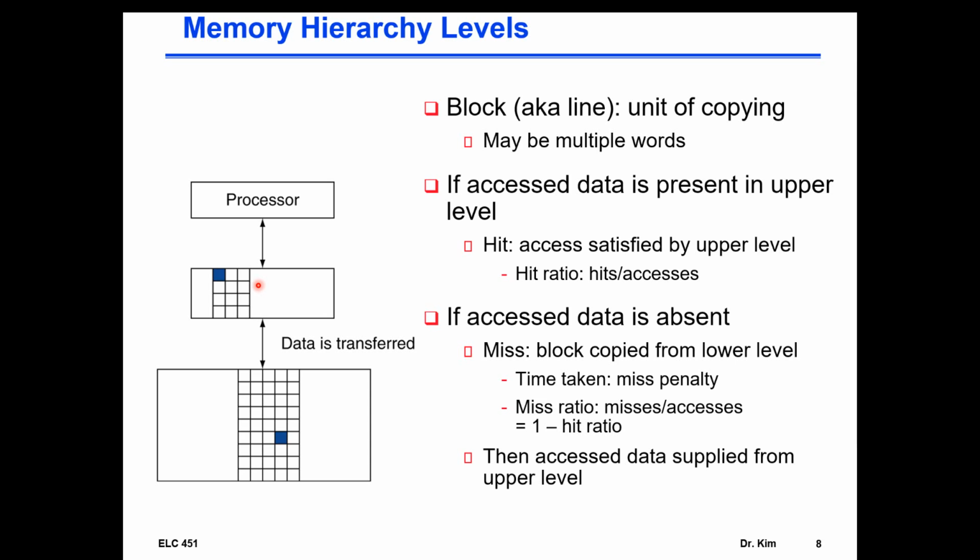And because of that, if the processor is looking for something, it may not be in this copy. So that would be a miss. If it finds it, it's a hit. If it doesn't find it, it's a miss. Now, when something is not here, when I have a miss, I'm going to retrieve it from the lower level and put it in the upper level.